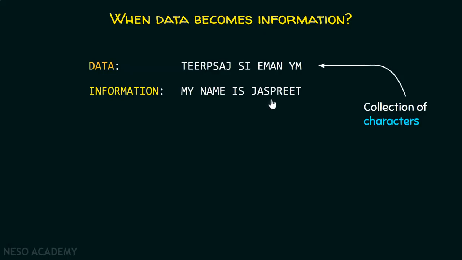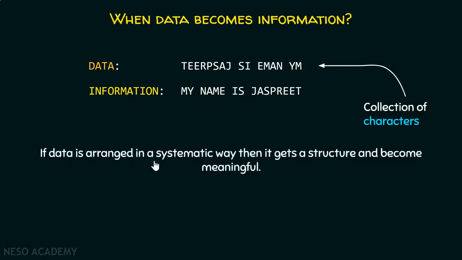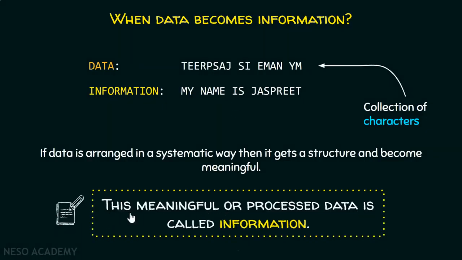So I can say that now here data becomes information because I can extract some meaning from it. So if data is arranged in a systematic way, then it gets a structure and become meaningful. Here I have arranged the data in such a way that it becomes meaningful for me. Therefore, I can say that this meaningful or processed data is called information.